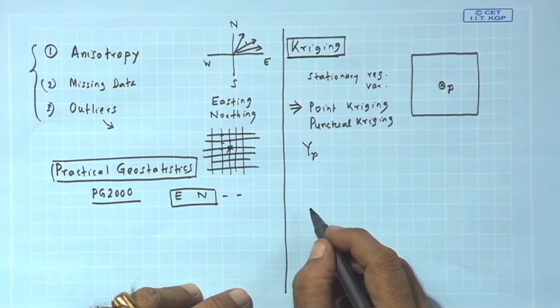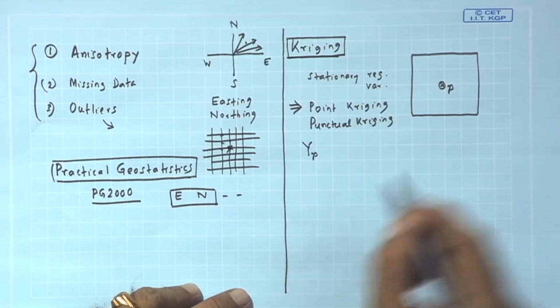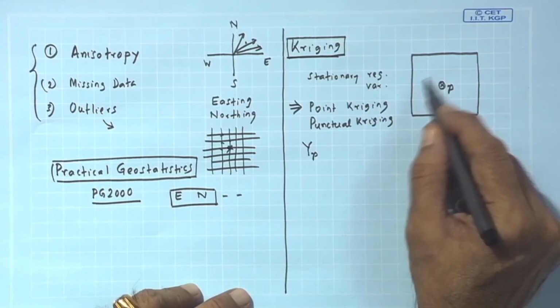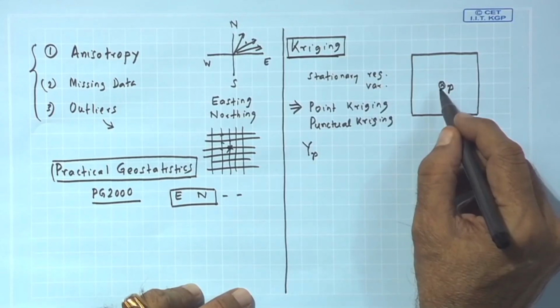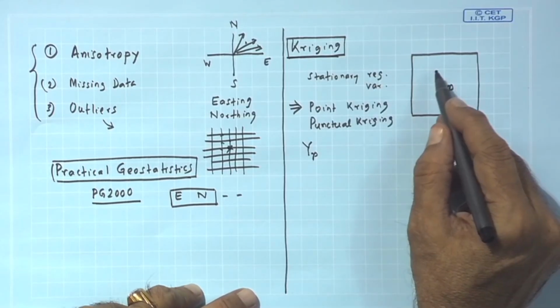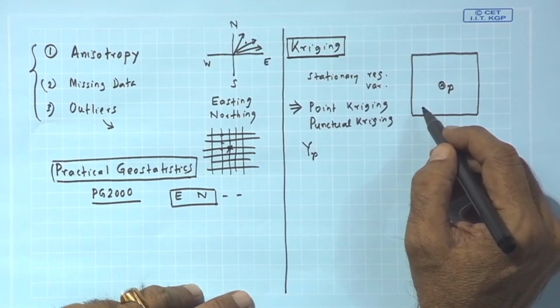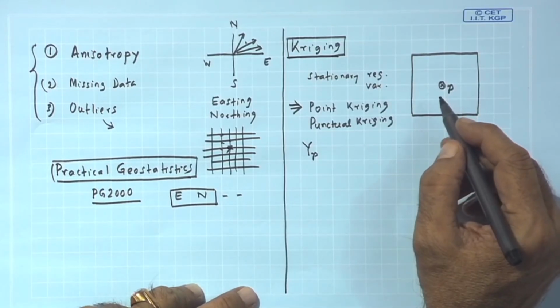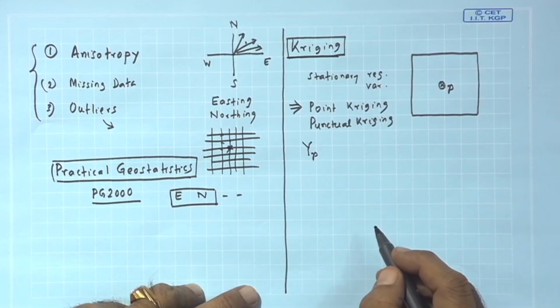So how many known points could we possibly have? Our common sense will tell us that, in order to have any kind of an estimate for an unknown point, we should have a minimum of 3 points in the neighborhood where the value is known, from which we will be able to calculate.